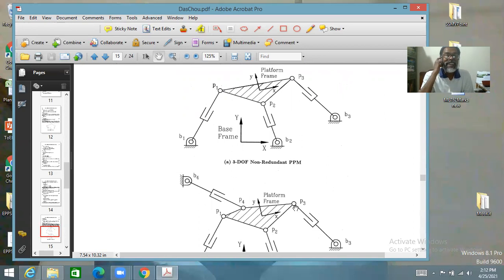In the case of parallel manipulators, the degrees of freedom don't add. Basically, degrees of constraint add, and therefore the degrees of freedom are the common freedom allowed by each leg. So this leg allows 3 degrees of freedom, this leg allows 3, and this leg allows 3. The fourth leg, if joined, will also allow only 3 degrees of freedom, and therefore this will have 3 degrees of freedom.